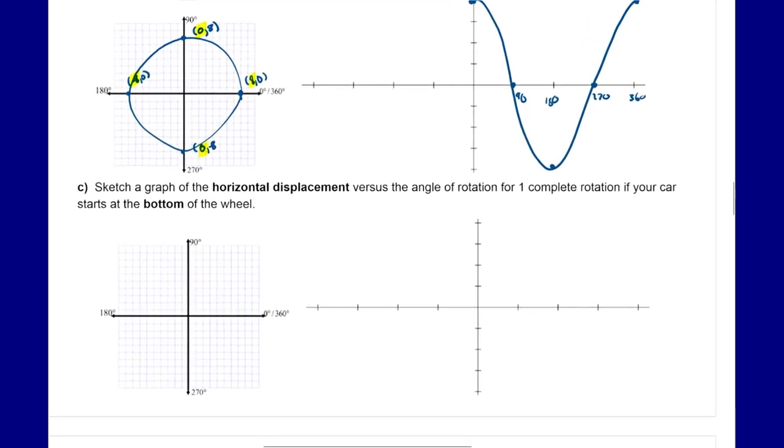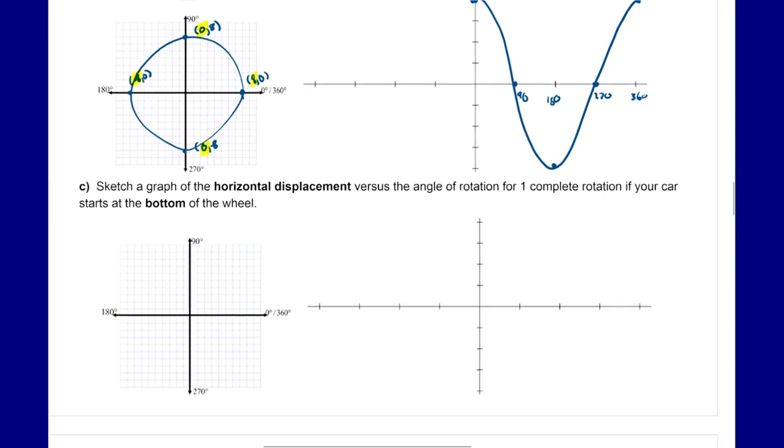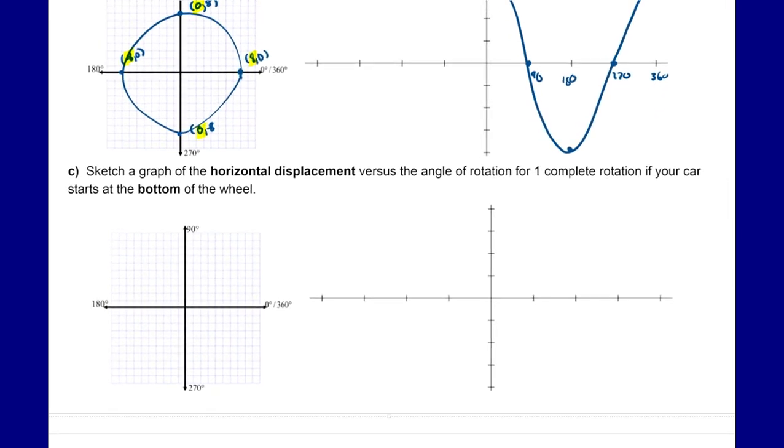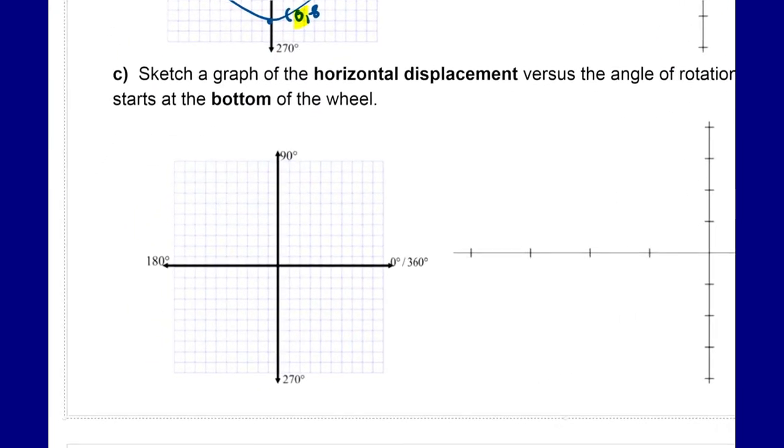Now C says sketch a graph of the horizontal displacement versus the angle of rotation for one complete rotation if your car starts at the bottom of the wheel. So this is going to be a little bit different because it's still going to be the same graph.